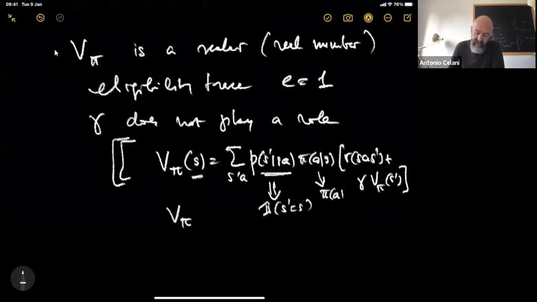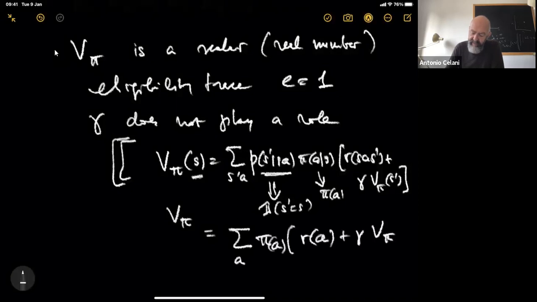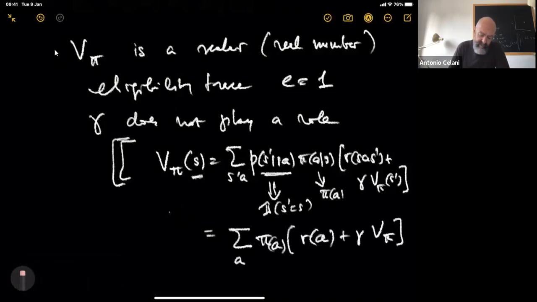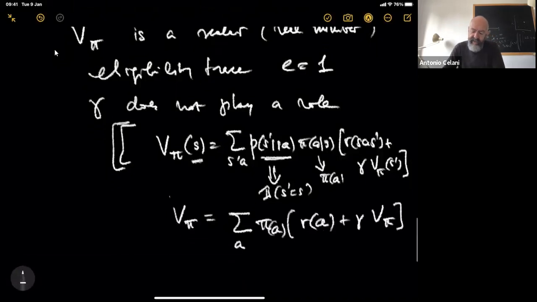So if I use this recursion relation, this just tells me that v pi is equal to the sum over a of pi of a times the reward, which again depends only on the action, plus gamma v pi. So I'm just rewriting the recursion relation for a bandit.